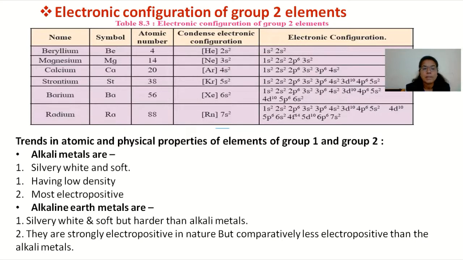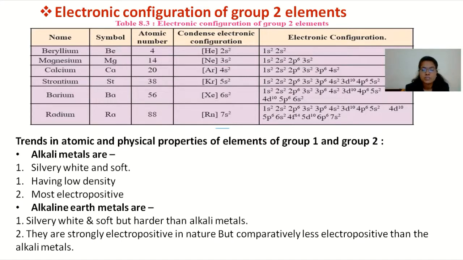Their symbols: beryllium Be, magnesium Mg, calcium Ca, strontium Sr, barium Ba, and radium Ra. Beryllium has atomic number 4 and electronic configuration is helium 2s2. This is a condensed electronic configuration, while the simplified electronic configuration is 1s2 2s2.